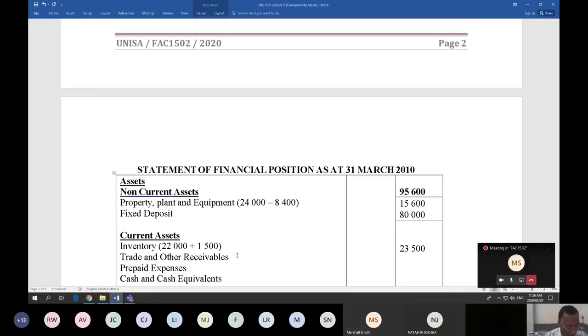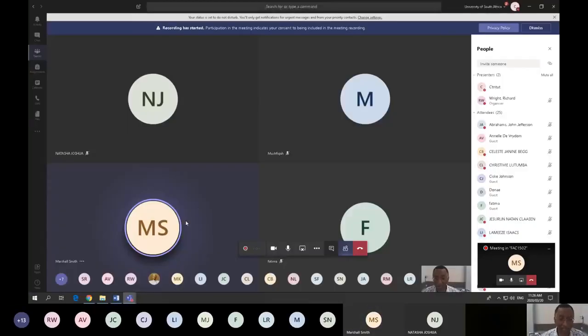Now remember, debtors control, this is quite an old paper. This is 2010. When you are going to write exams now, guys, it will not be called debtors control. They will say trade receivables control. It is just a name change, but you will still handle it the same.